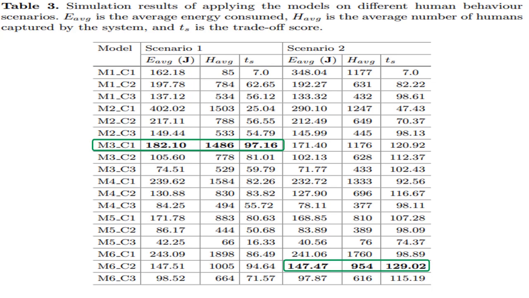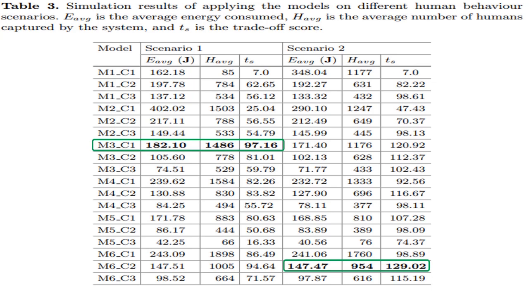In the table you see energy average, that's the average energy consumed, and the human average, that's the average humans captured by the sensor. TS is also the trade-off.